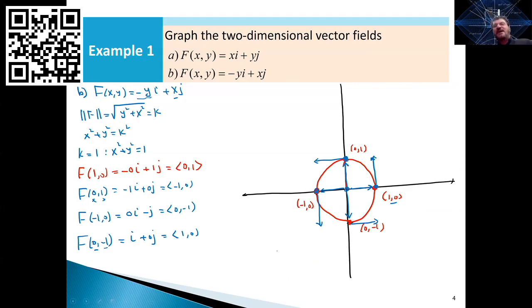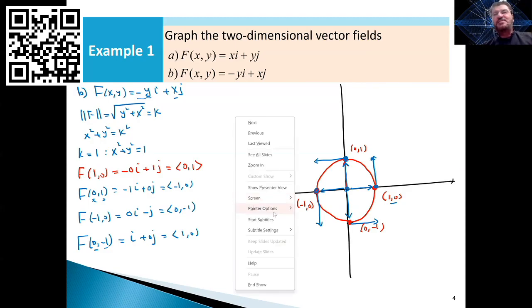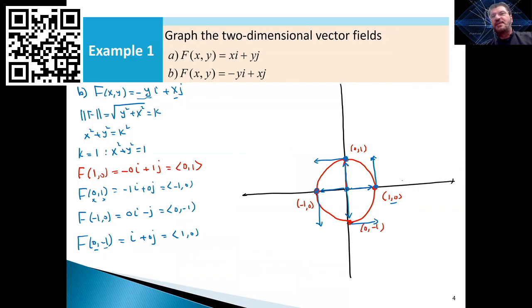So what's happening here, guys? There is a force that's going to do what to the circle? It's going to rotate the circle. And the same thing is going to happen for the next circle. So let's go to the next circle. Here is a circle of radius 2, if I take k to be 2.